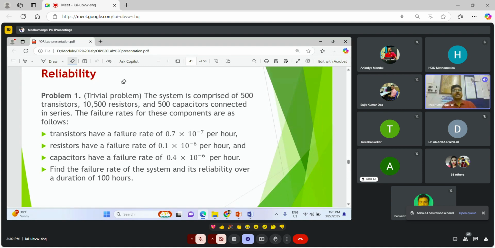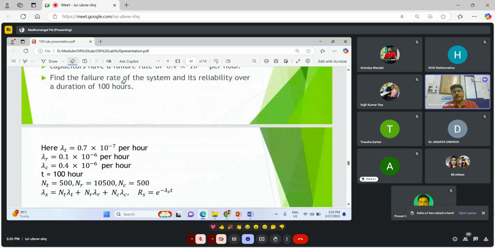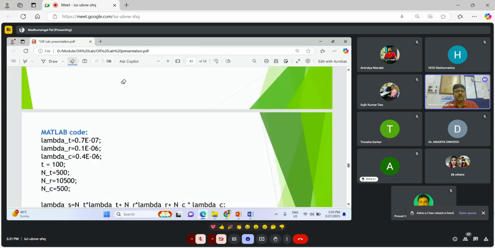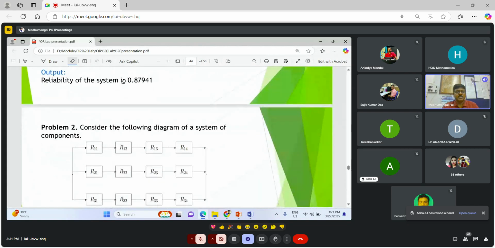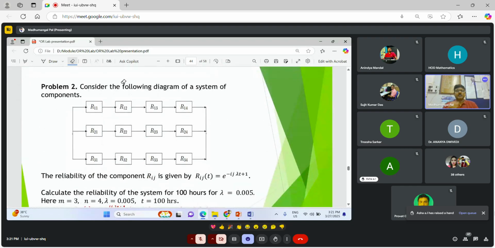Now another topic is reliability. Reliability of any system, of any component, reliability of a mobile of a particular company, of a fan or air cooler produced by any particular company. We are every time calculating the reliability of a system.